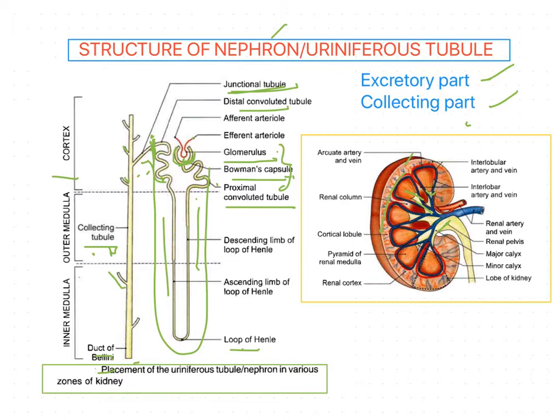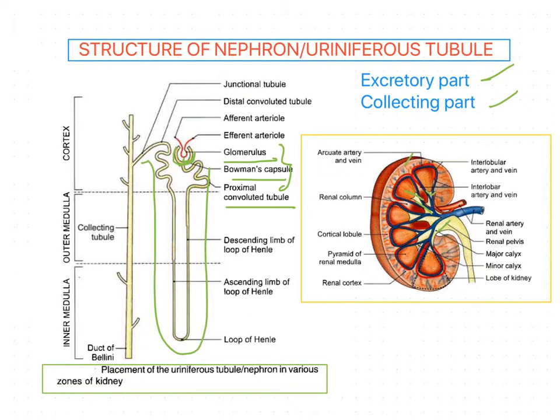In the medulla, the part of the nephron located is the loop of Henle. In this loop of Henle we have the descending limb, the ascending limb, and this part is called the pinhead of the loop of Henle.